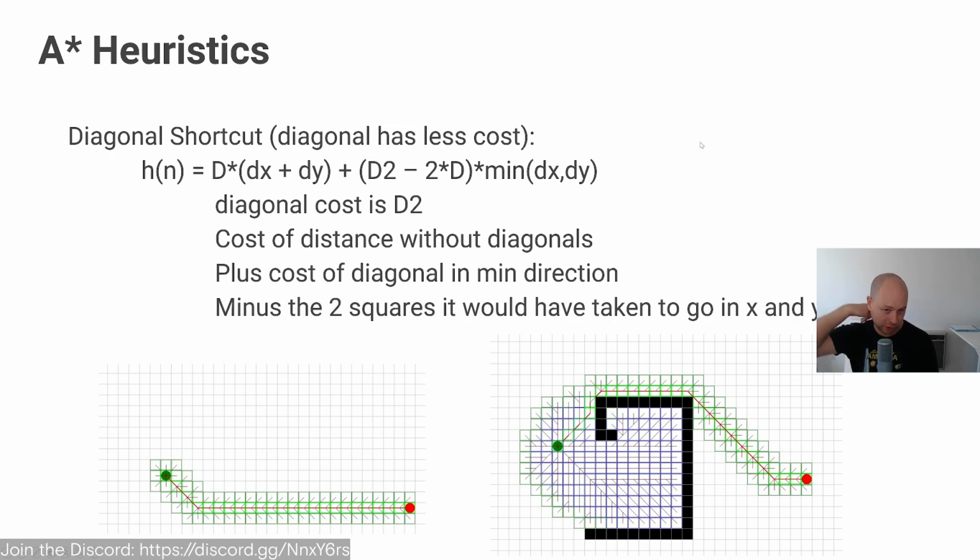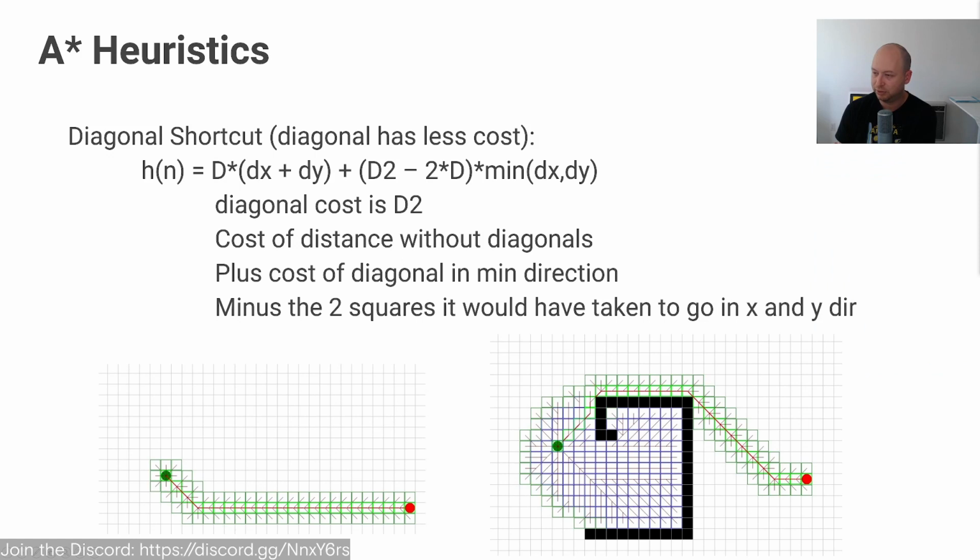So the diagonal shortcut combines the best of both worlds here, right? The diagonal cost is d2 times the diagonal in the min direction, plus d, the cost of the distance without diagonals, minus the two squares it would have taken to go in x and y. So it's a combination of the Manhattan distance and the diagonal distance.